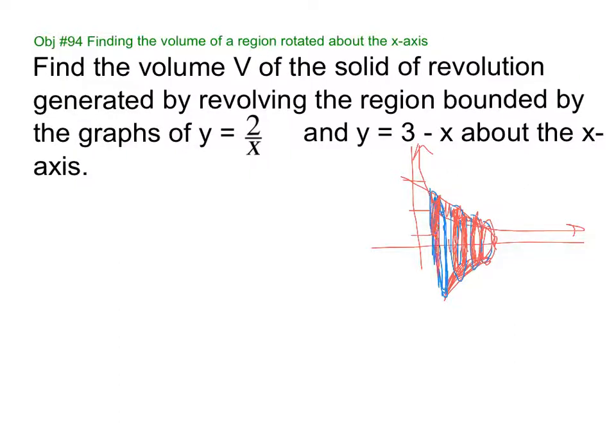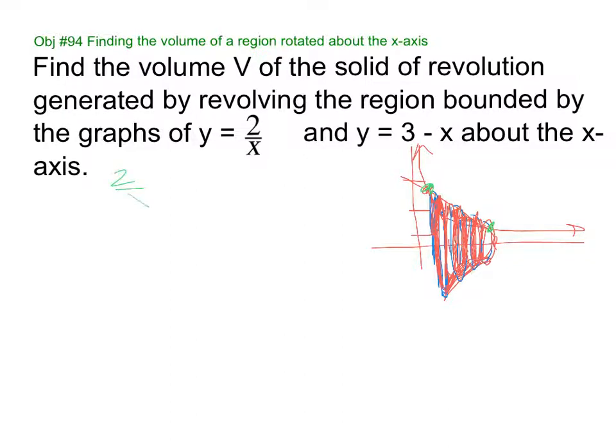Okay. So see how it's got like this hole in the center? So that's basically what's happening. So we need to know where these things are equal, right? We need to know this point and this point. So let's find out where they're equal.